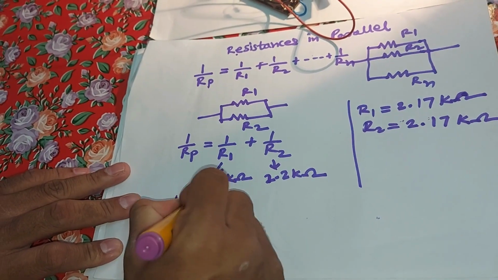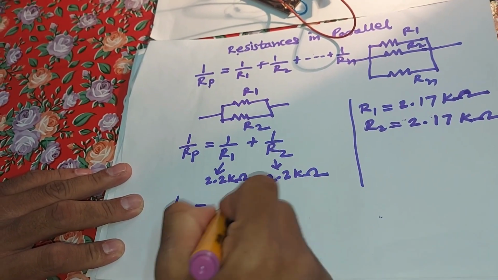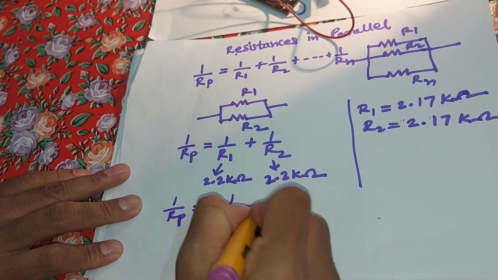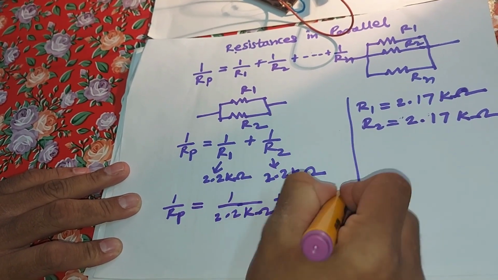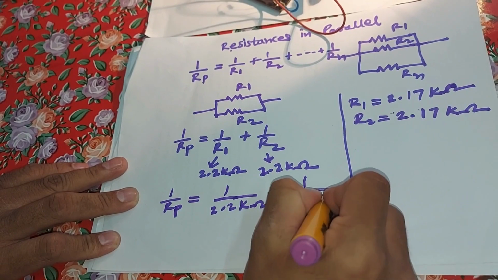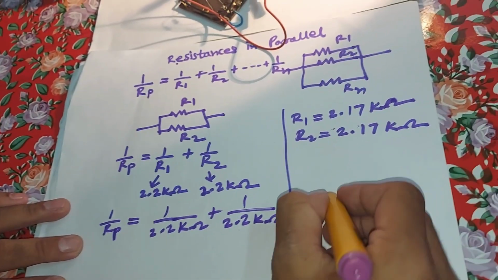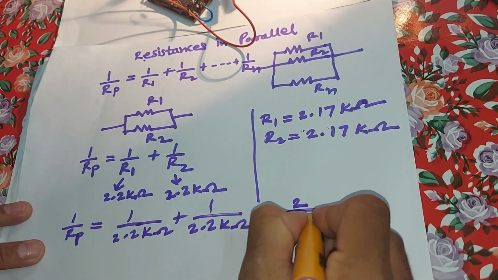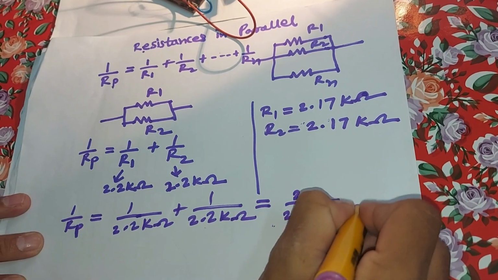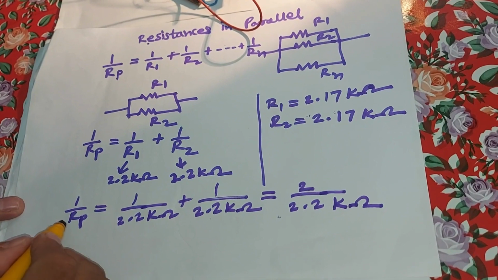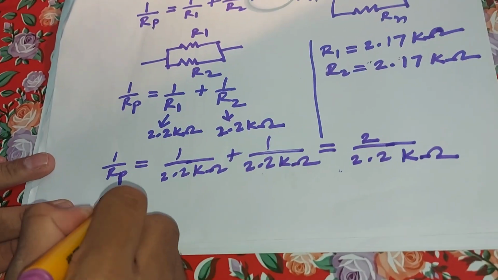Now I will do a theoretical calculation. So it will be 1 upon 2.2 kilo ohm plus 1 upon 2.2 kilo ohm. So this comes out to be equal to 2 upon 2.2 kilo ohm. Now if we want to find out the Rp value, we have to take the reciprocal on both sides.